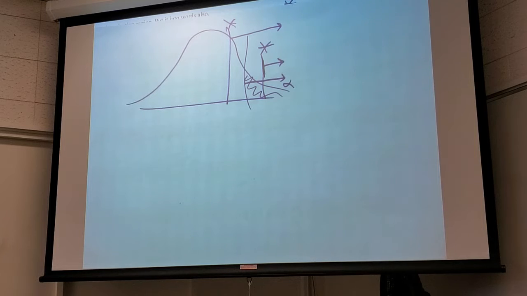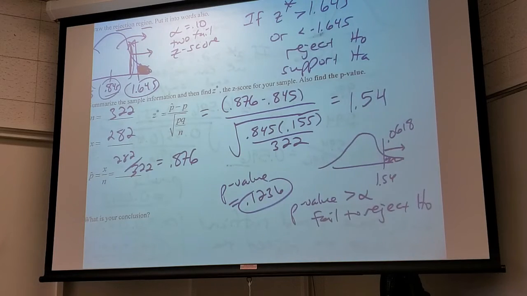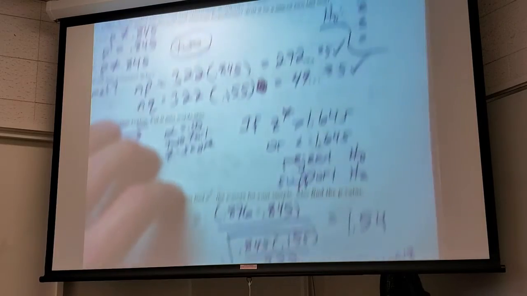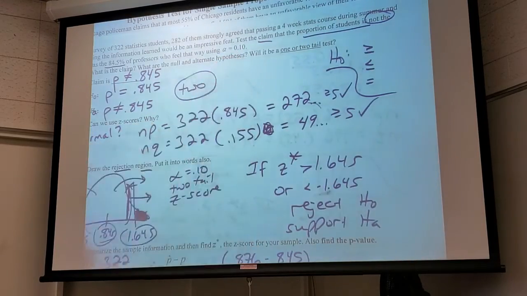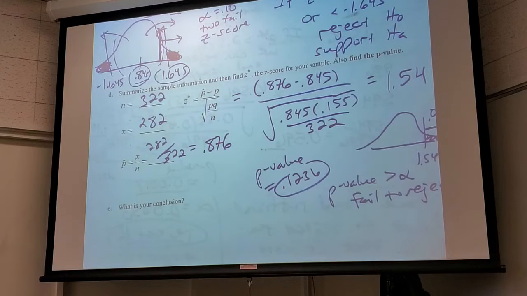And this is why alpha pretty much only exists for real in class. Outside of class, you develop your own alpha based on the situation. That's why in articles they report p-values. I've got my own alpha, I compare it to that.